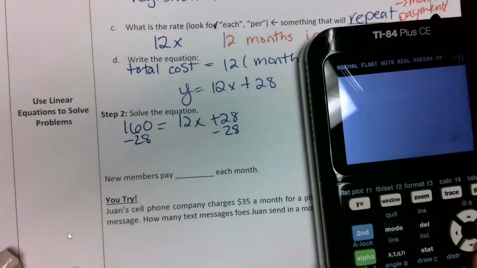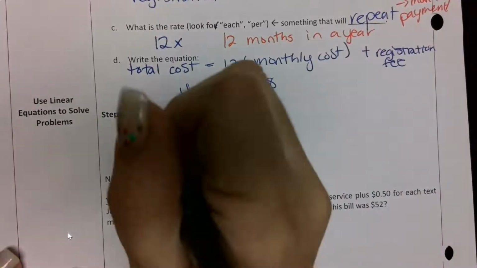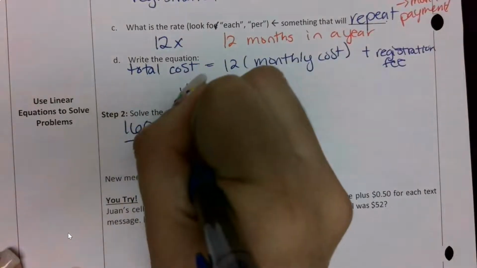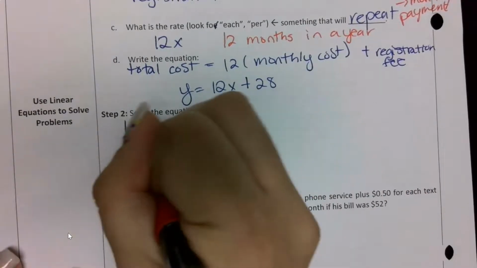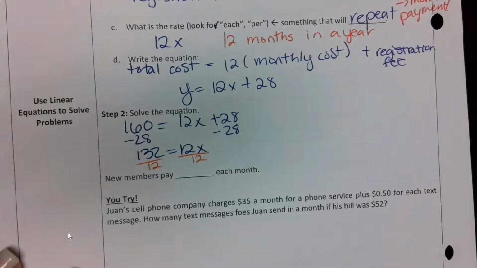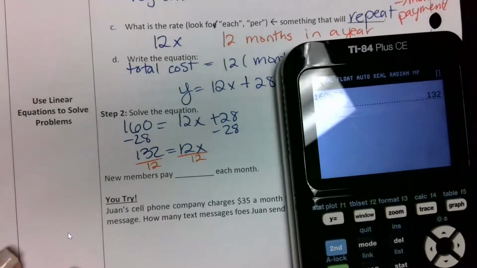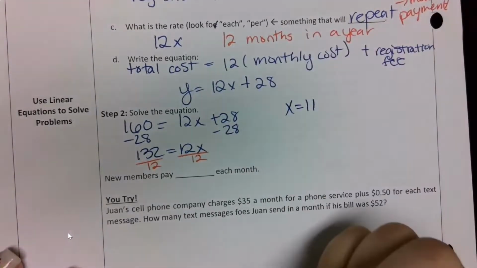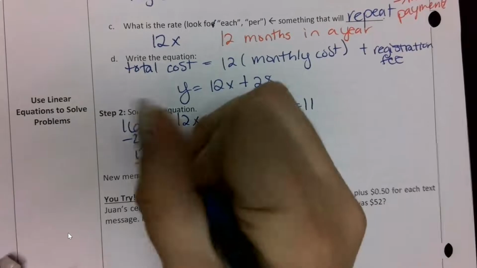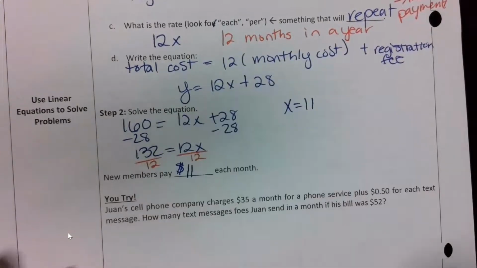I can't do that in my head, so I'm going to use my calculator. 160 minus 28 gets me 132. Then I have my 12 being multiplied by the x, so I'm going to divide both sides by 12, which gets me 11. So, new members pay $11 each month.